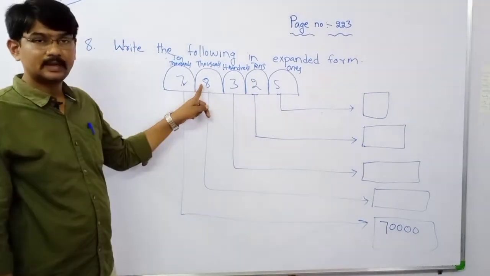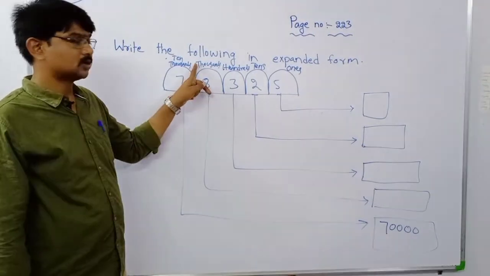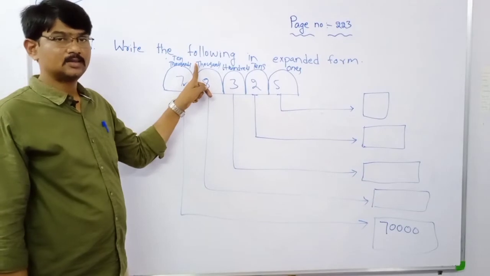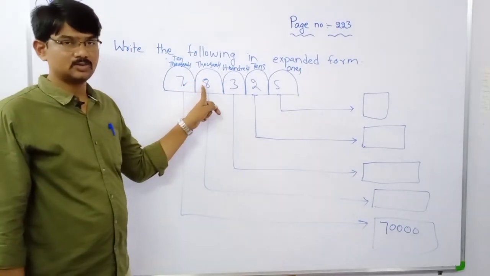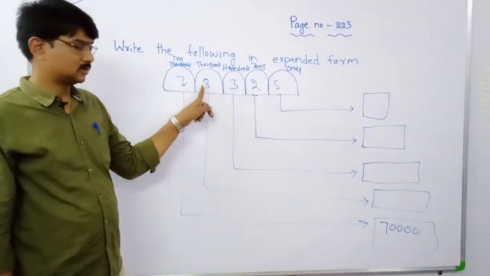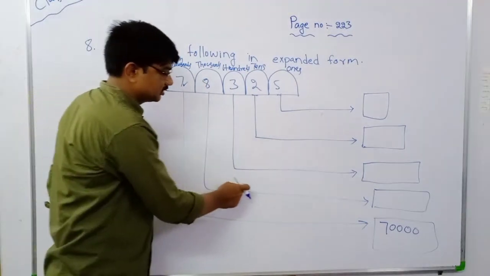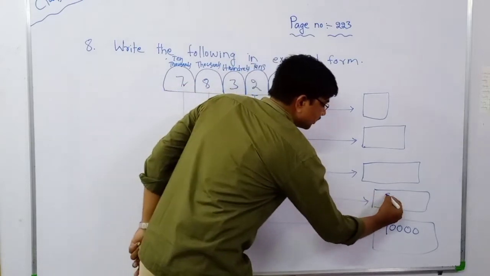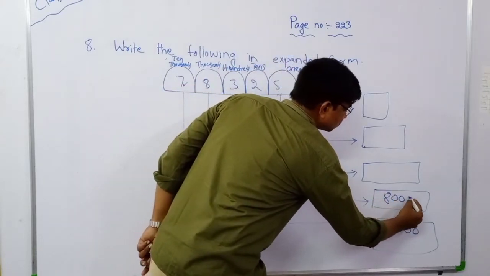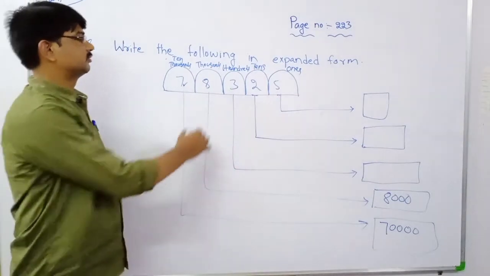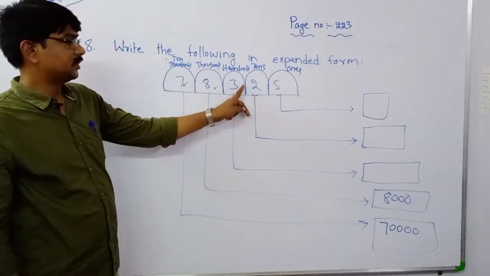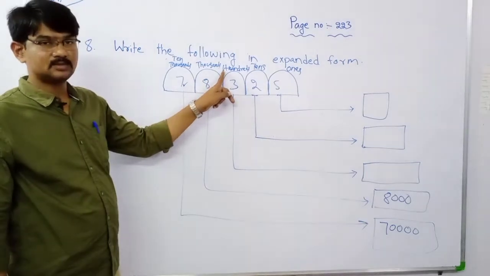Next, 8 is at the thousands place. So how many thousands? 8,000s. Just follow the line. 8,000, 3 zeros. Next, 3 is at which place?